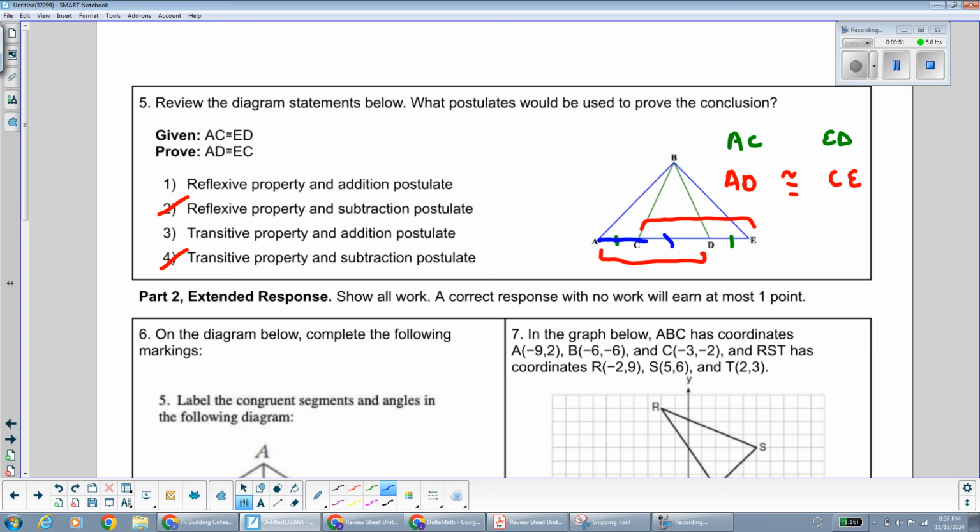Because if we add CD to AC, we make the whole segment AD. To ED, if we add on DC, so let me write this down, plus CD, plus DC, then we get the full segment EC.